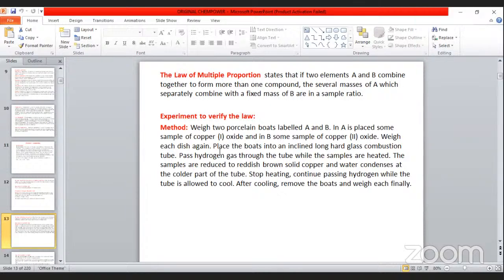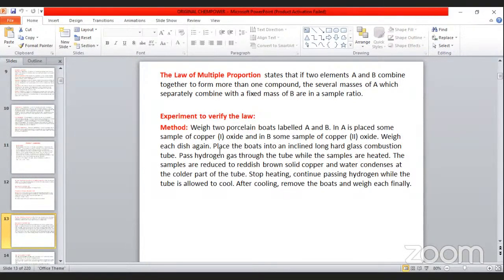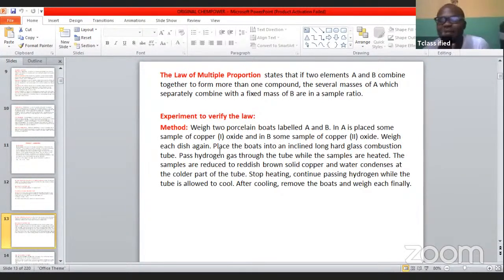Chemistry is more of a concept, so you have to try in a way to picture the statement in order to understand. Now, let's say element A wants to combine with element B, so they are supposed to form AB.